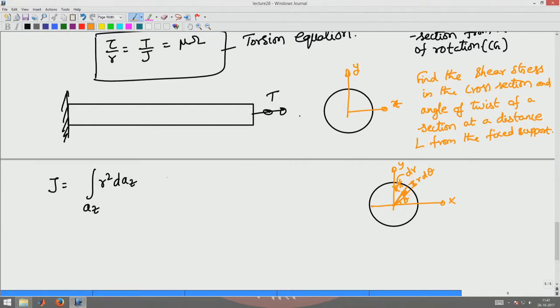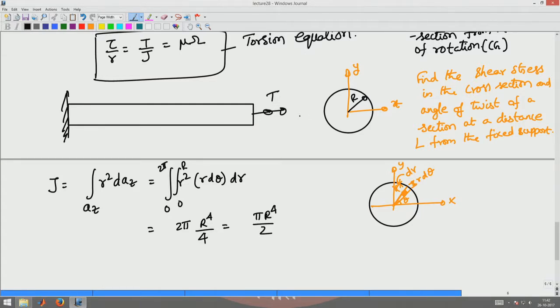So dA would give the integral of r square times r d theta dr, where the limits of integration would be 0 to 2 pi for theta and 0 to r for the radius of the circle. So theta integrates to 2 pi and r integrates to r power 4 by 4. So J is pi r power 4 by 2.